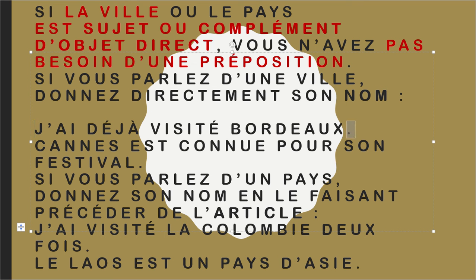That's it. End of the sentence. It is acting as an object. So, j'ai déjà visité Bordeaux. Absence of the preposition. And if it is continuing, for example, j'ai visité la Colombie deux fois.